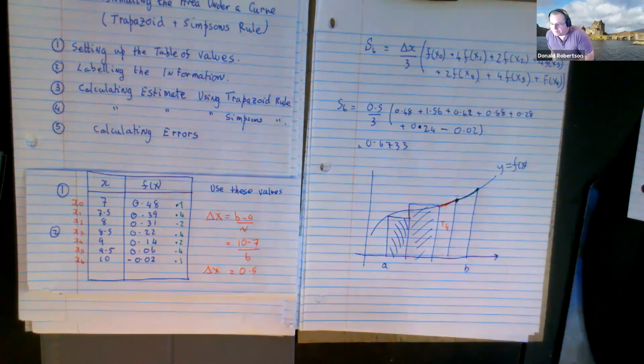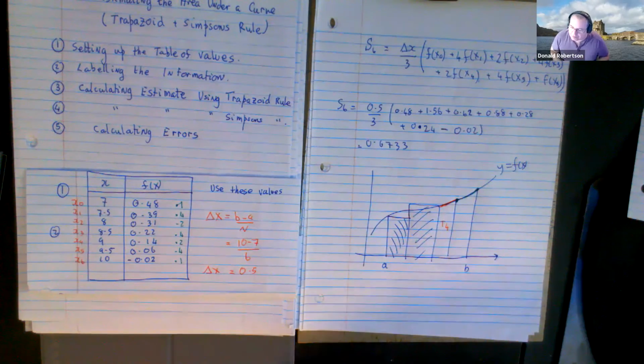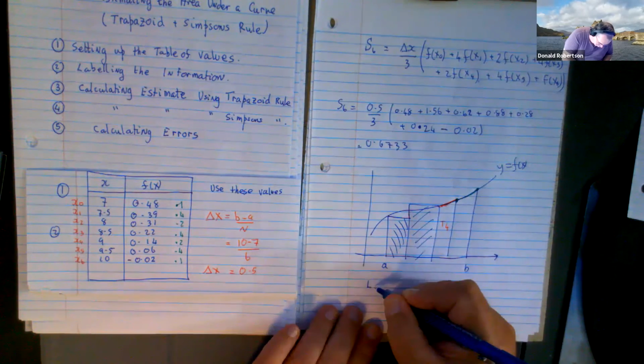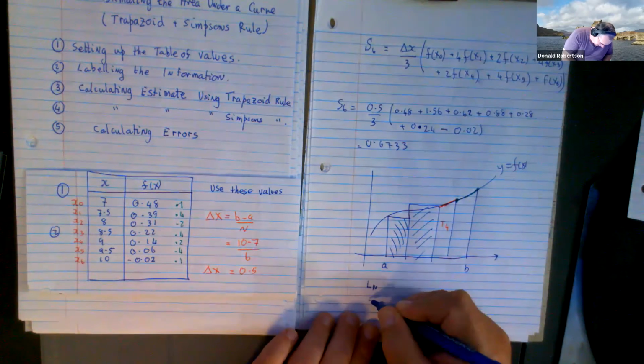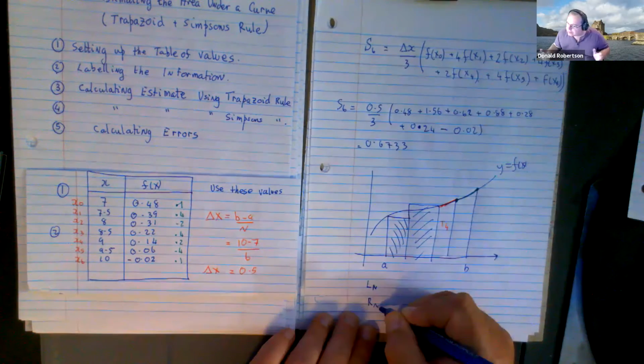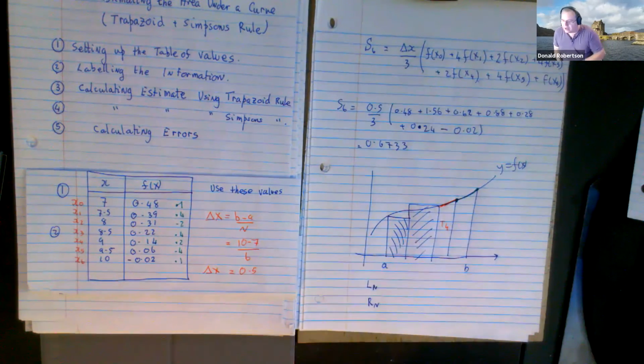In the big picture, if you do a reasonable number of strips, let's just call it LN and RN, where N could be 20 strips, say, those are the least accurate methods. If you use an L10 and an R10, you'll get an answer, but don't expect great accuracy.